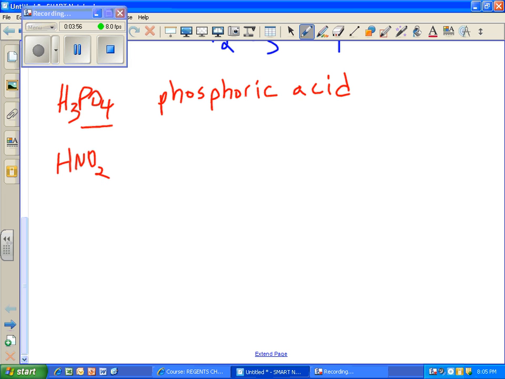I look on the chart. Do I see NO2? Yes, I see nitrite. So if this is aqueous, it is now ic-ate, us-ite, nitrous acid.